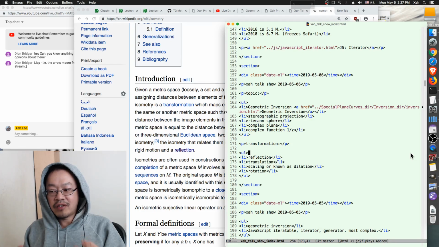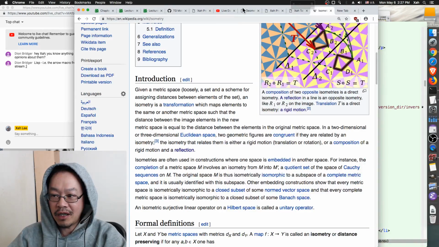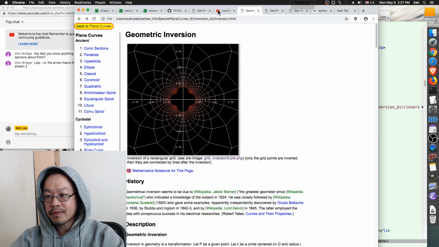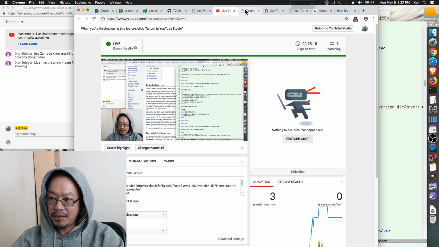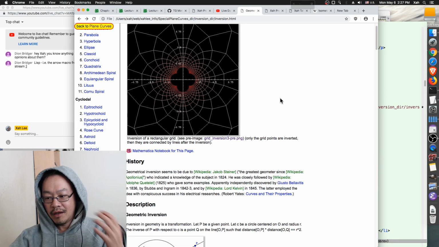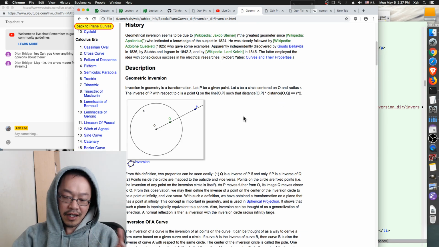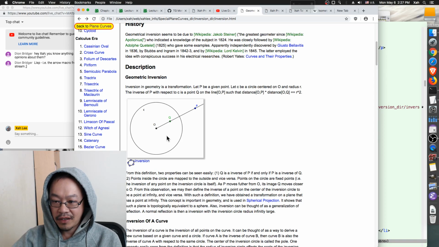But anyway, we have transformations, we have isometry. Now let's talk about geometric inversion. Now, geometric inversion is a transformation. Okay, so how is it defined? Here is how geometric inversion works, given a fixed circle.